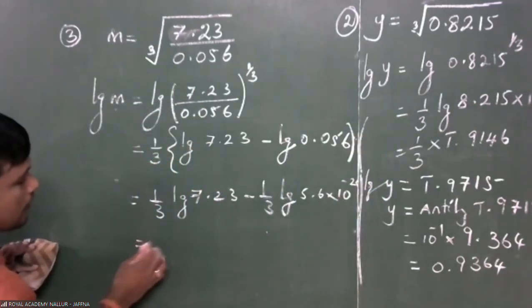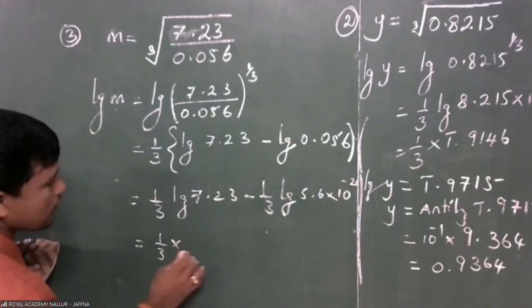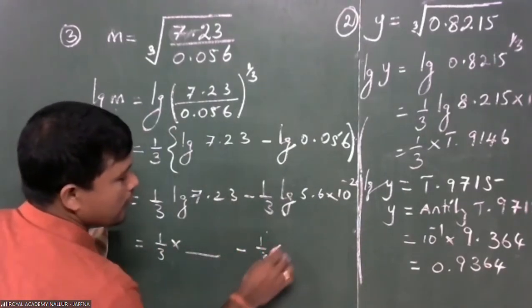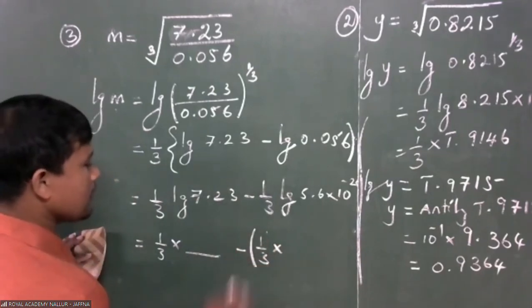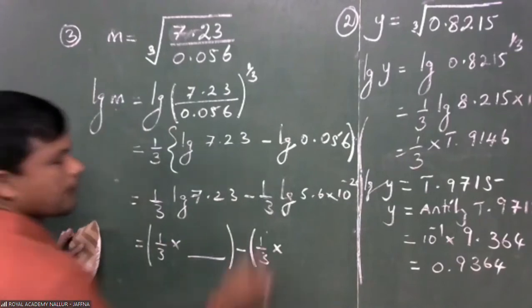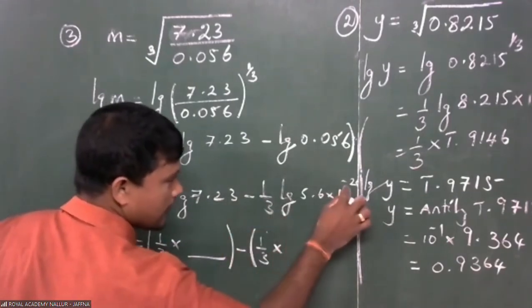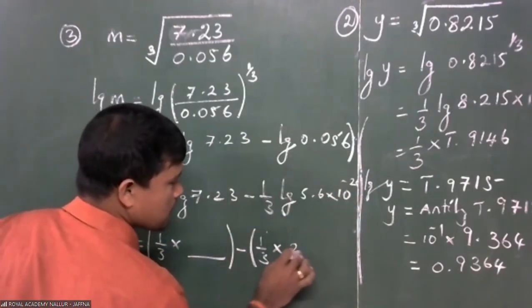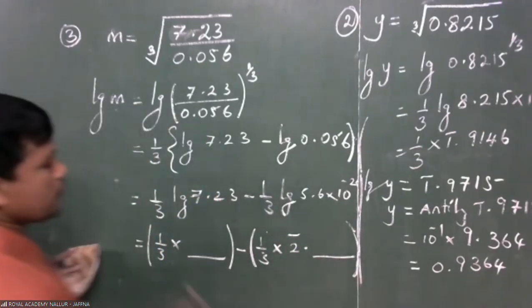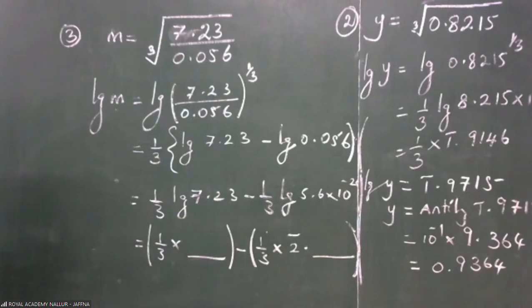Now this answer: 1/3 into the log value minus 1/3 into 10 to the power -2 becomes bar 2 point. Then the remaining mantissa, you can continue furthermore. Log n. You continue yourself now.